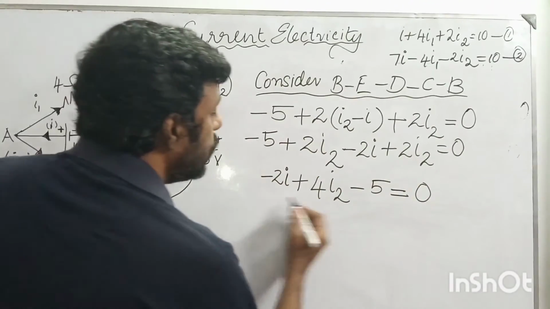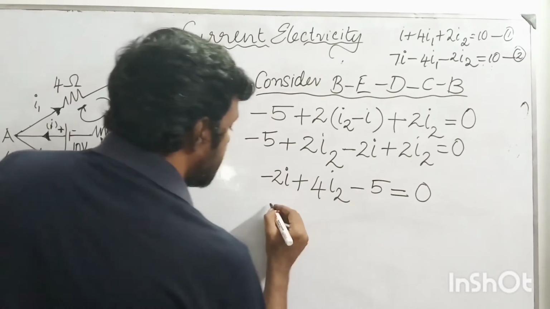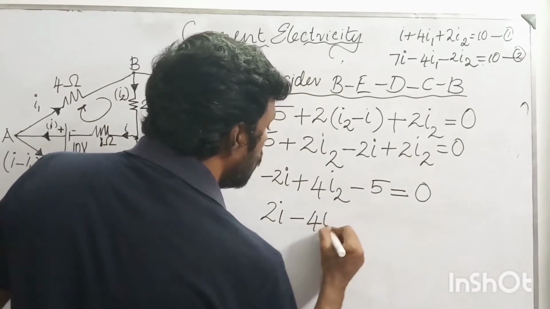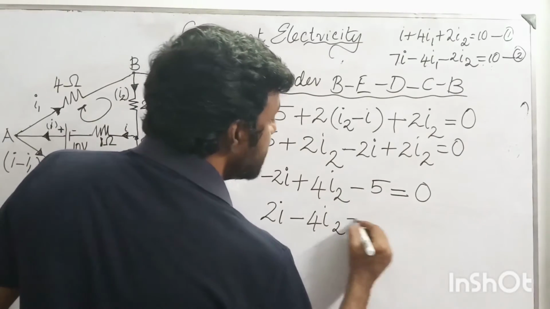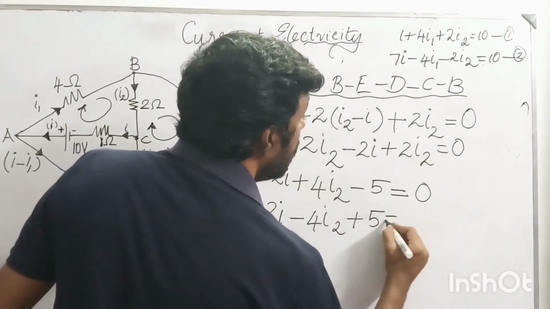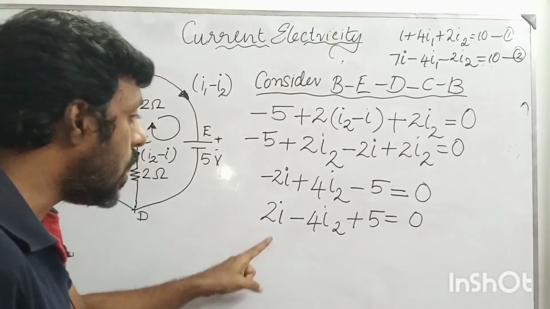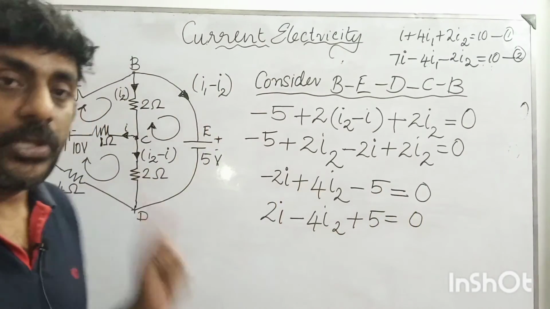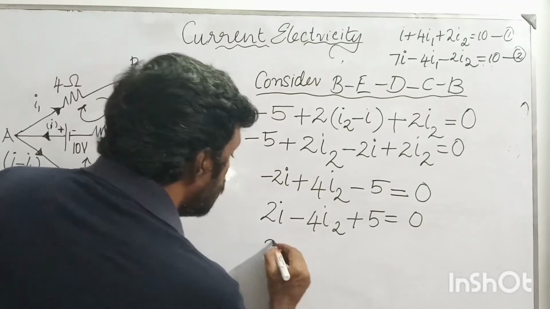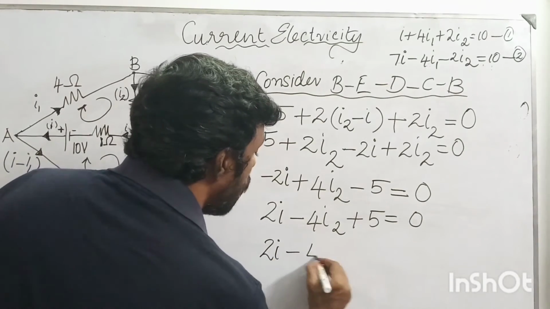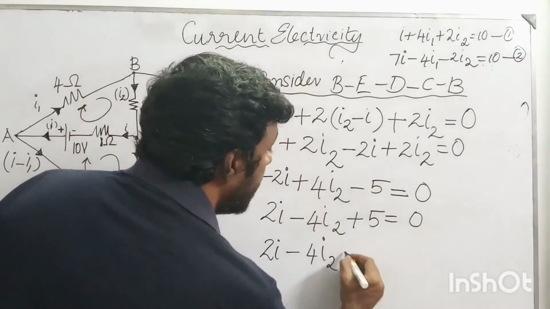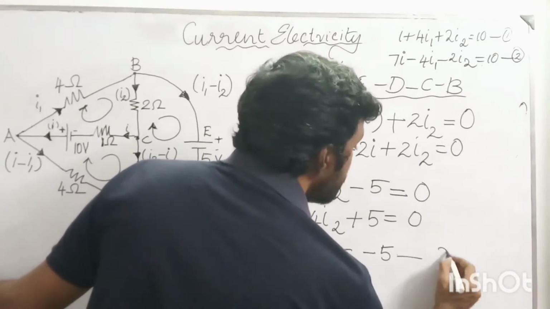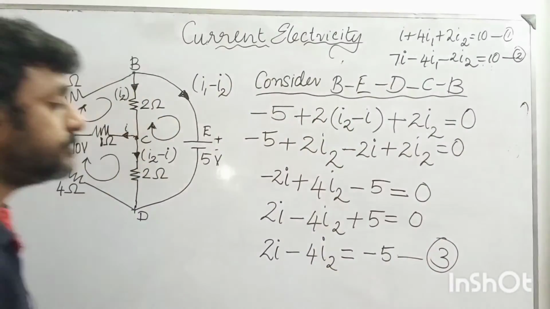So I am going to change the signs. It will be 2I minus 4I2 plus 5 equal to 0. So 2I minus 4I2 is equal to minus 5, which will be equation number 3.